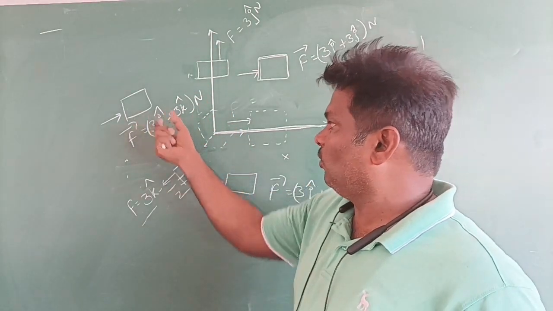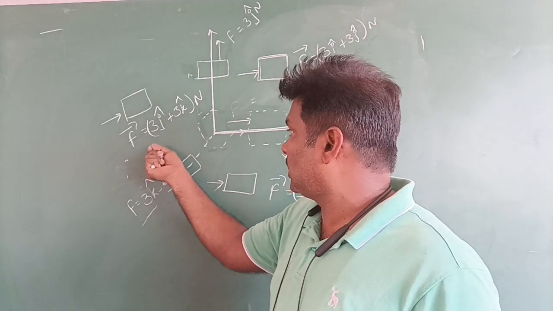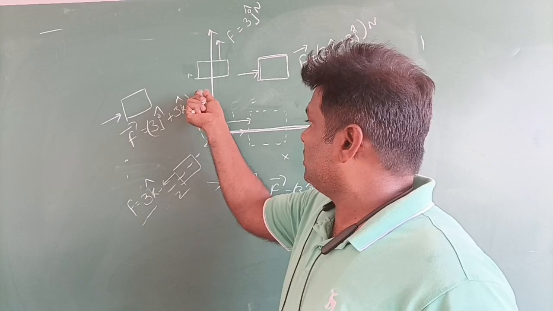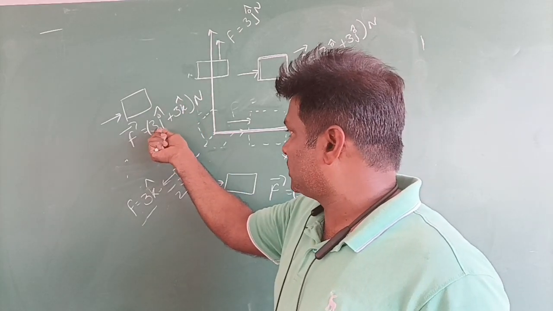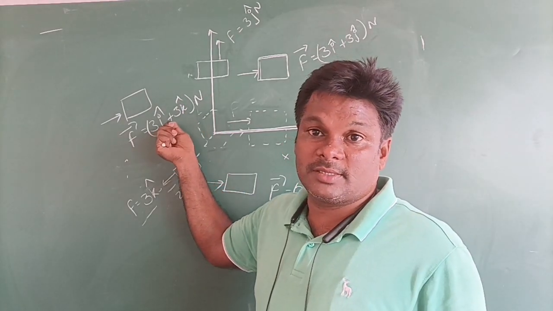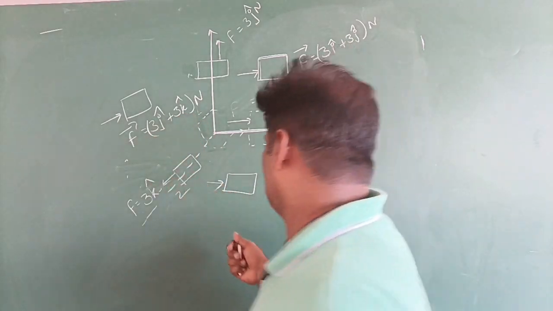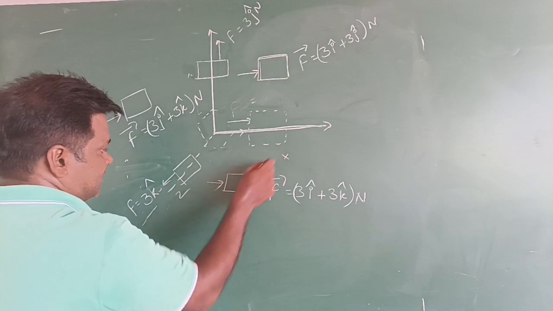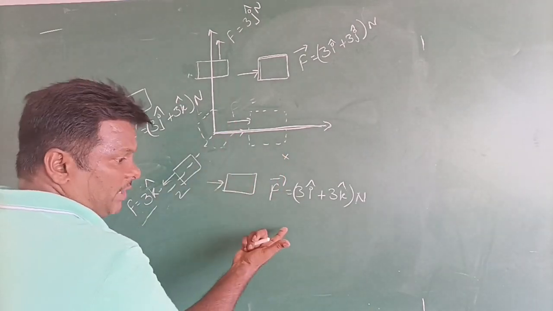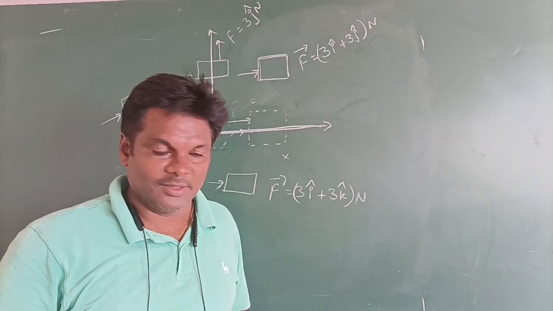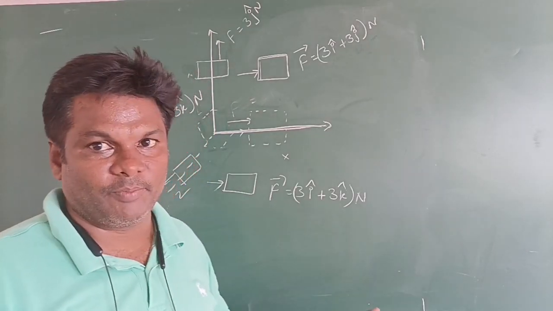F bar is equal to 3j plus 3k, because here it is in the y and z plane. The unit vector along the y-axis is j, the unit vector along the z-axis is k, and that will be present here. This block is present in the xz plane. It is independent of y, so j cap is not there. Only i cap and k cap, right?